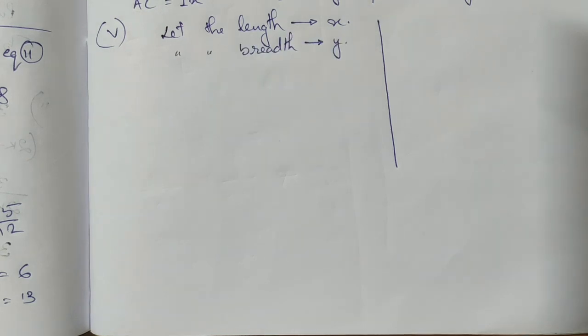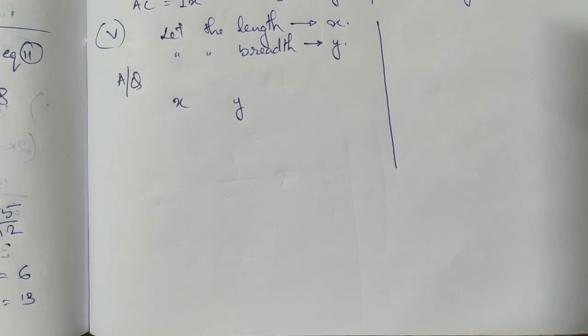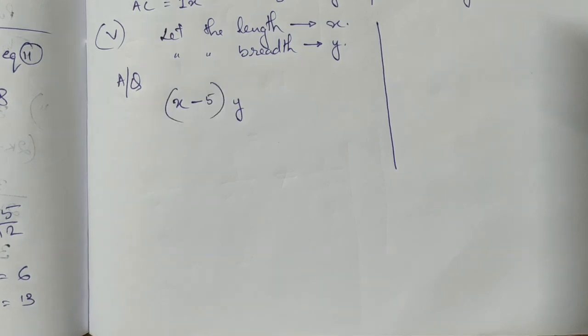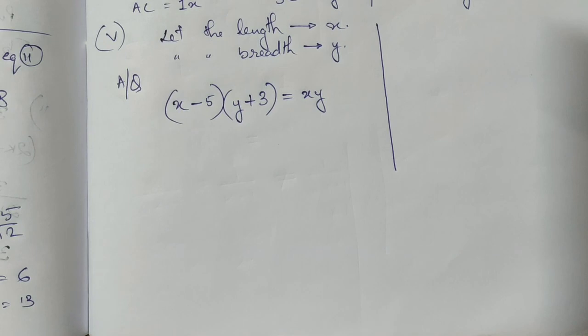Now according to the question, the area, that is length into breadth, is reduced by 9 units. The area, which was previously x into y, will be 9 less. Understood? So this is how we form the equation.